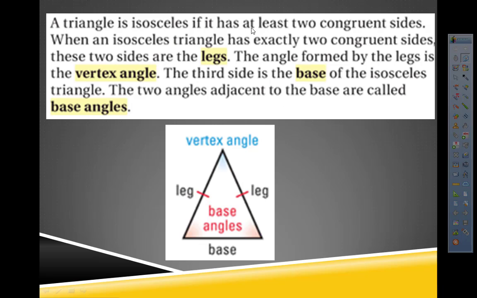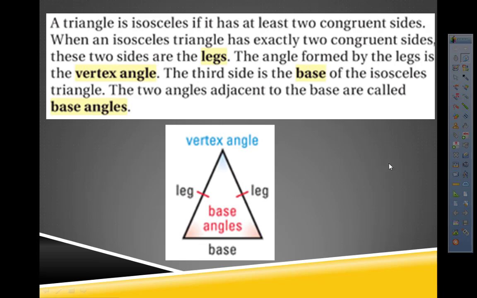So for my class, we'll assume that if it's isosceles, it's only two sides congruent. When we have an isosceles triangle, the two congruent sides are called legs, and the third side is not congruent to the other two.